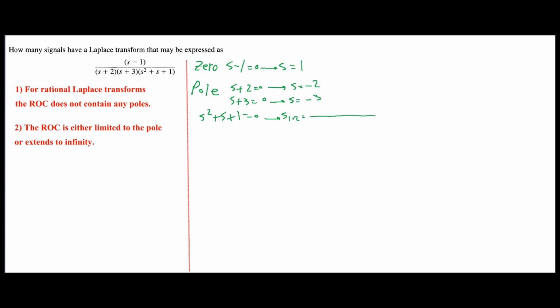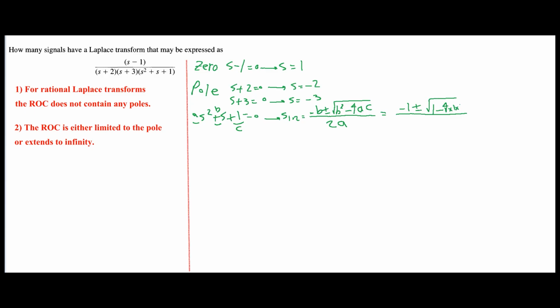We also have a second order equation, and using the quadratic formula, we can find its roots. If we substitute the coefficients, we obtain the roots as minus 1/2 plus and minus j times the square root of 3 divided by 2.